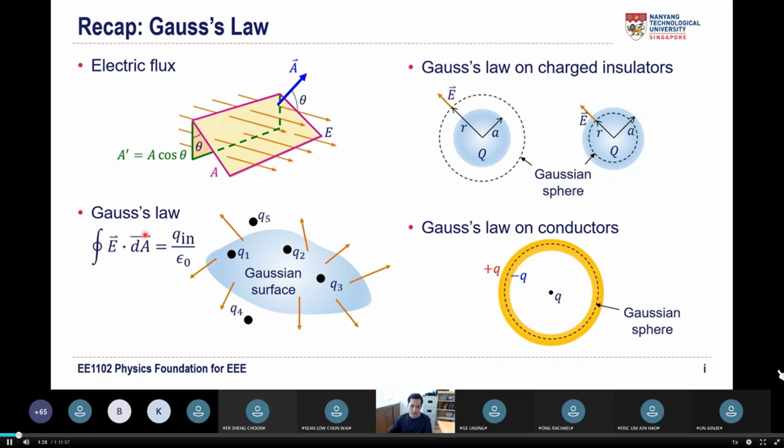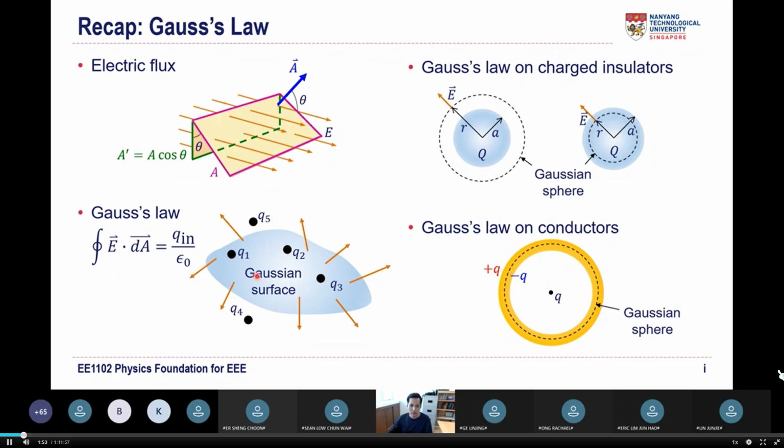Gauss's law states that the total flux through a Gaussian surface is proportional to the total charge enclosed in that volume, given by the total charge divided by epsilon 0, the permittivity of free space.